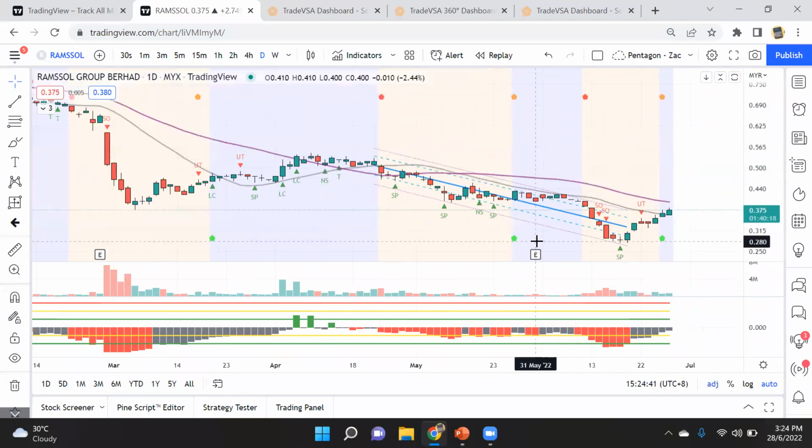So again, what do you think? Do you think there is a change of trend in this area here? Type 1 yes, type 2 no. Do you think there's a change of trend for REMSO right now?